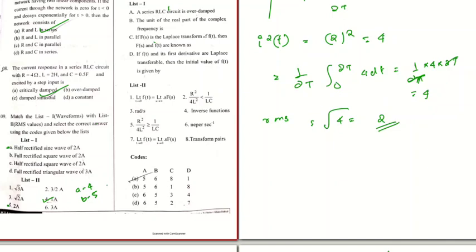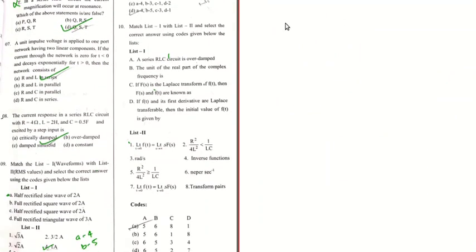B is 5. And next is the half wave rectified square wave of 2 ampere.